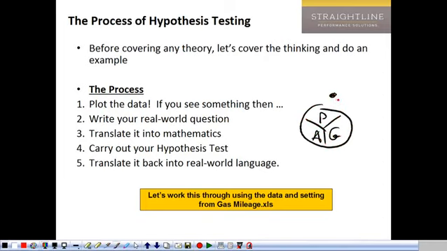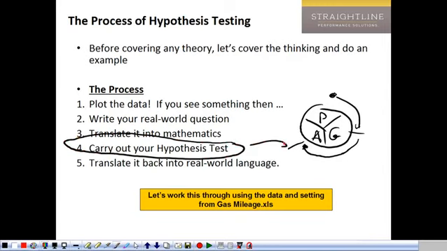Start out with a practical, say what I'm trying to prove, go to a graphical, make a picture of it, and then run the analytical. That's our hypothesis test right here. Right? And then translate it back into real-world language. That's getting back to the practical, which we always want to end up at.